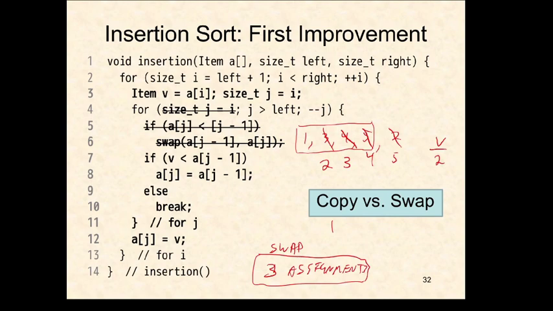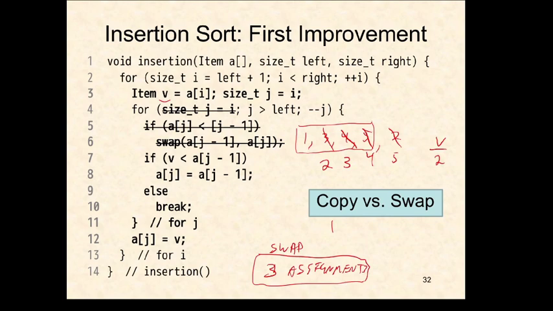I'm going to make a copy of this item V, and then I had to move my loop variable j out of the for loop, because I'm going to have to remember that value, because after the loop is over I need to know j. I need to know where I left off.